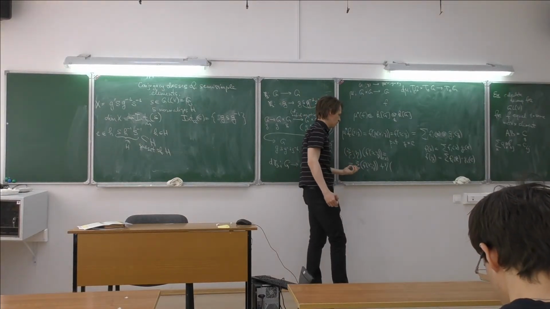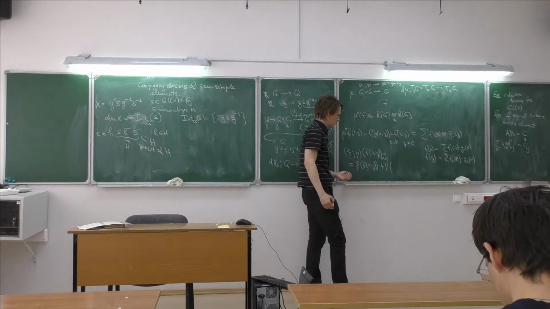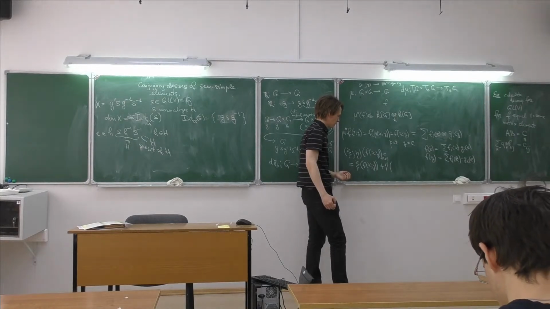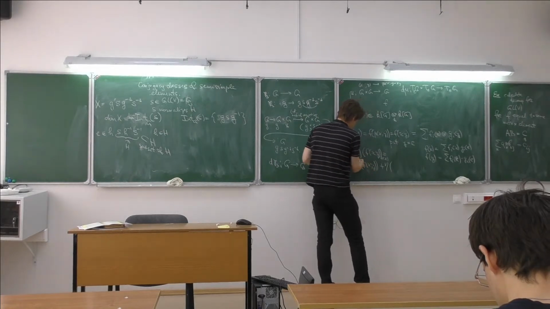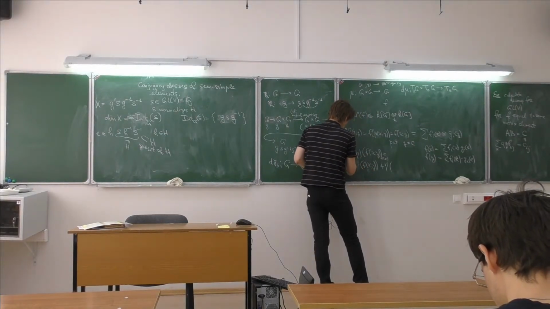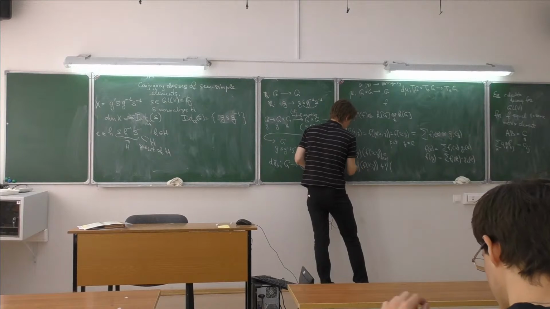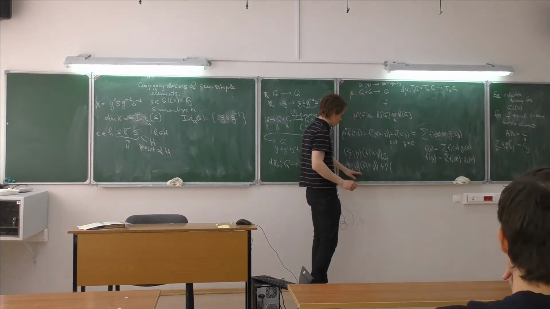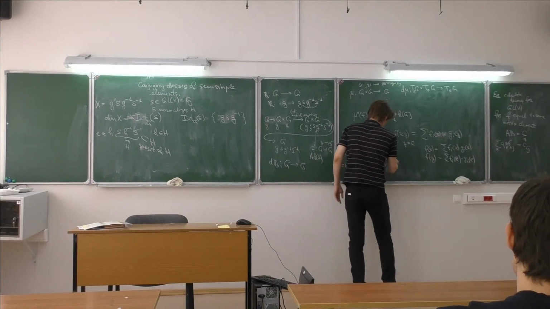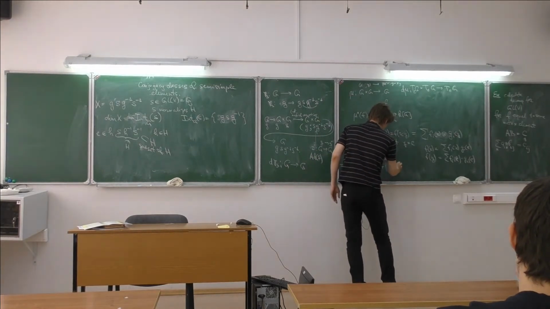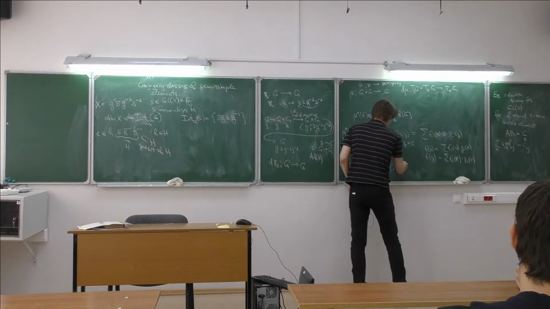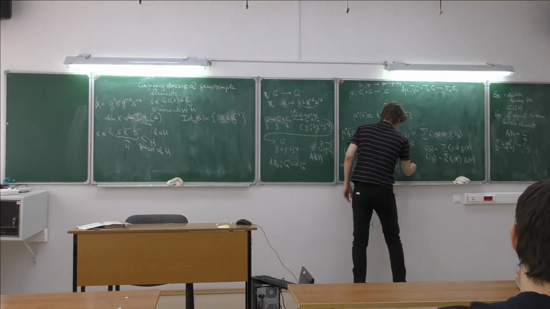Formally I want to decompose it like this: xi, 0 and 0, eta.